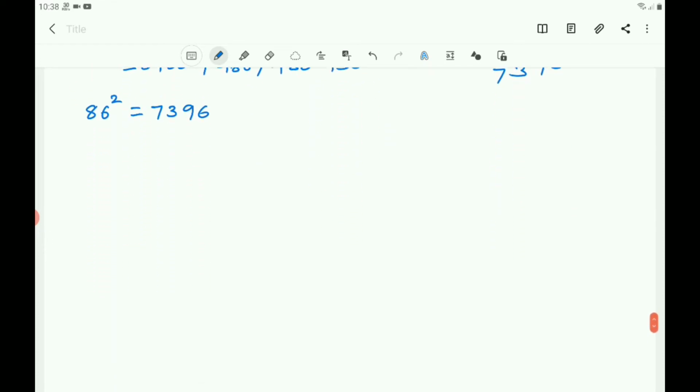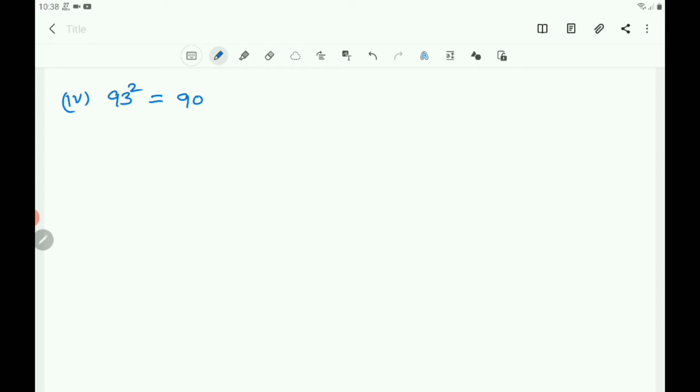Then you take the next one, that is the fourth one, 93 square. 93 means (90 plus 3) whole square. Then it is (90 plus 3) into (90 plus 3).